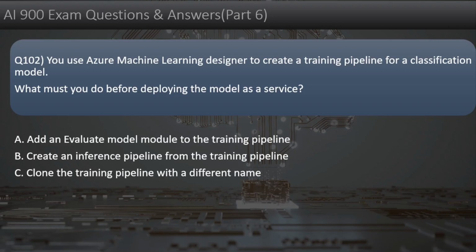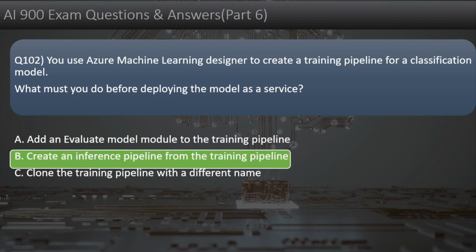Option B, create an inference pipeline from the training pipeline. Option C, clone the training pipeline with a different name. The answer is option B, create an inference pipeline from the training pipeline.